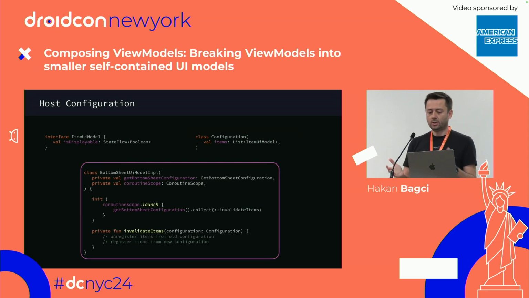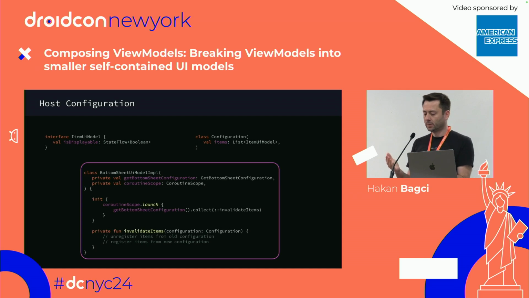Depending on meta state changes like non-working to working state, get bottom sheet configuration publishes a new configuration. So we are observing this one. When we observe this new configuration, we unregister item UI models from the old configuration and register the ones from the new configuration.